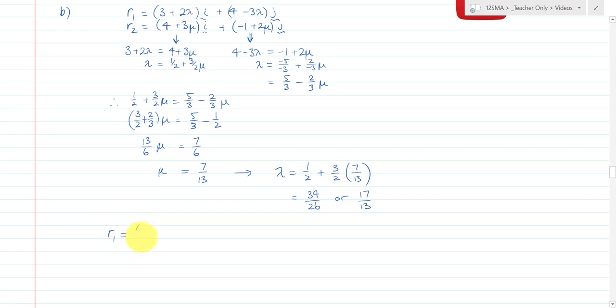R1 is (3 plus 2 times 17/13) i plus (4 minus 3 times 17/13) j, and remember, put brackets around these substitutions as well, otherwise it actually looks like 2 and 17/13.